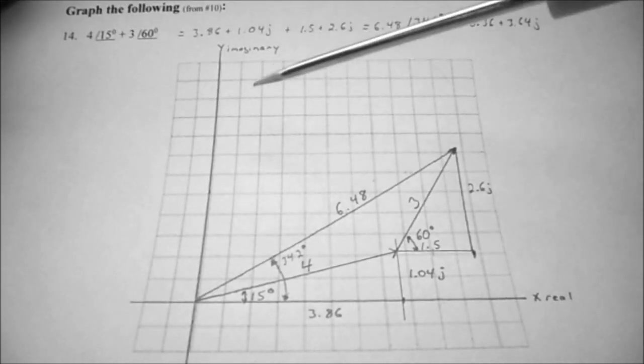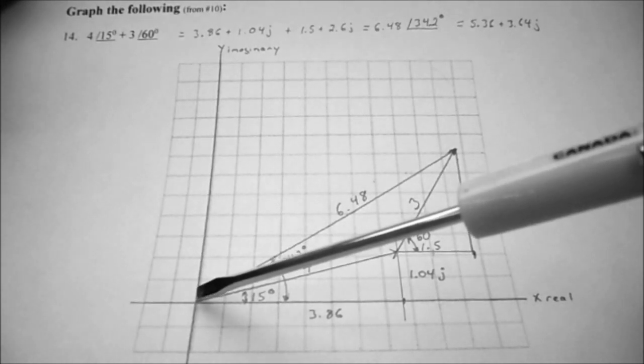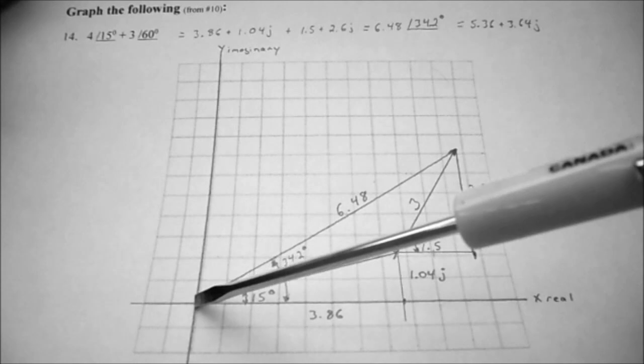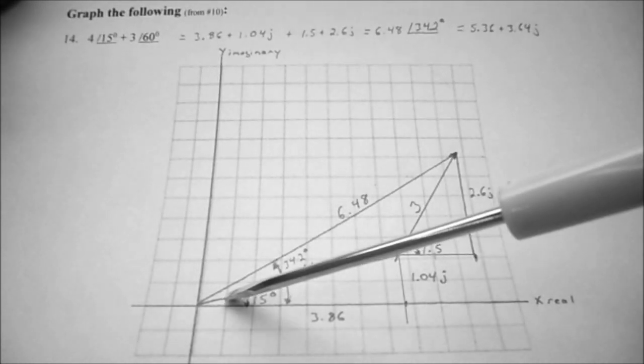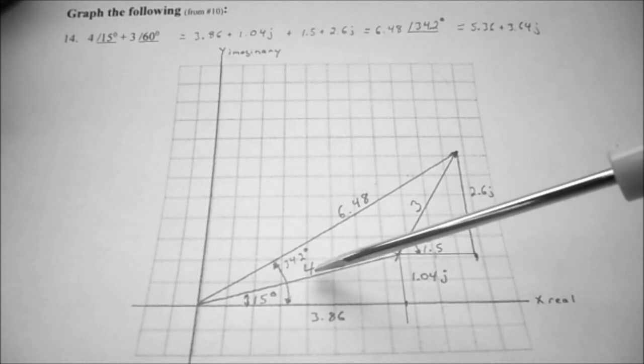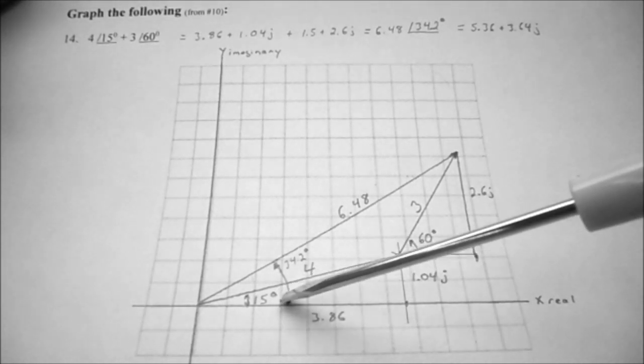So on my graph, I've decided to go 2 divisions over and 2 divisions up to generate my zero crossing point. I've drawn in my first vector. You'll notice it's 4 at an angle of 15 degrees.